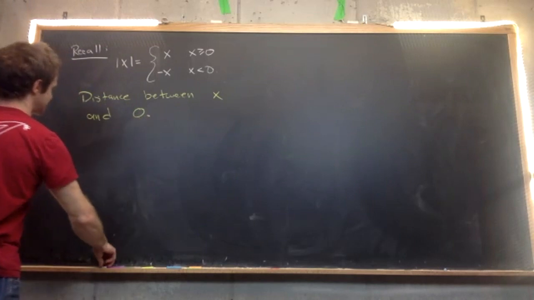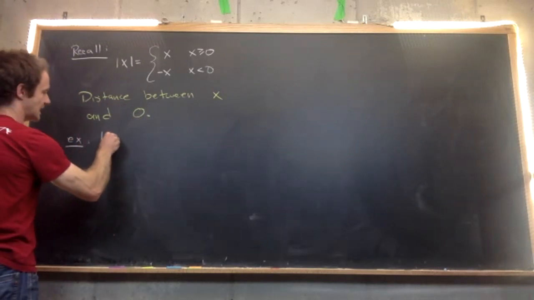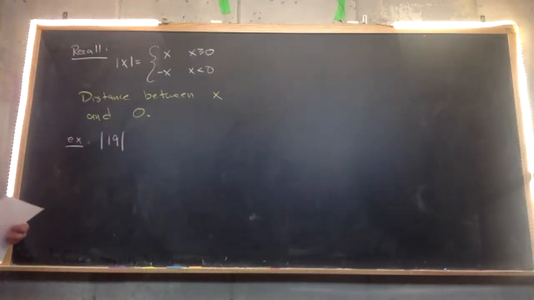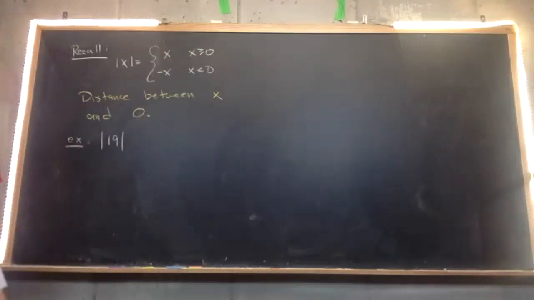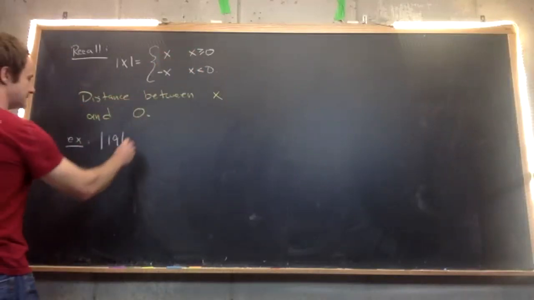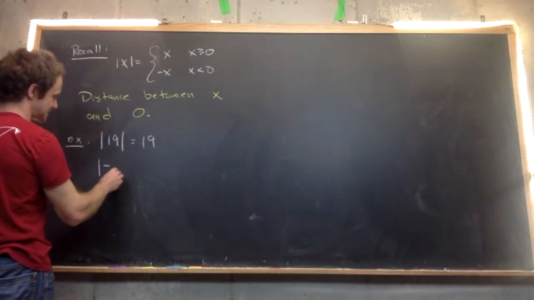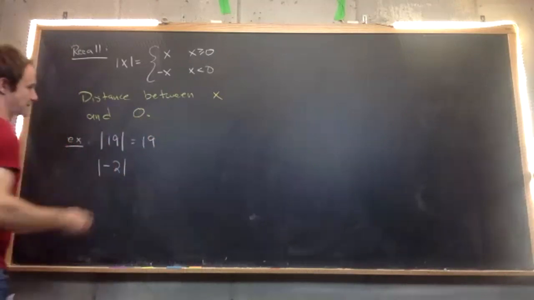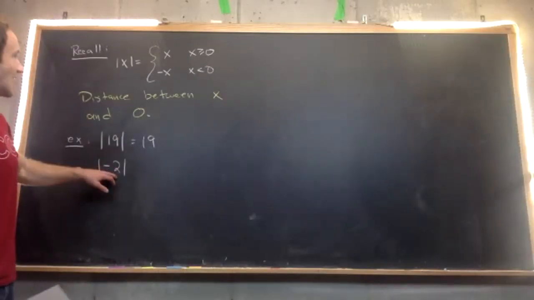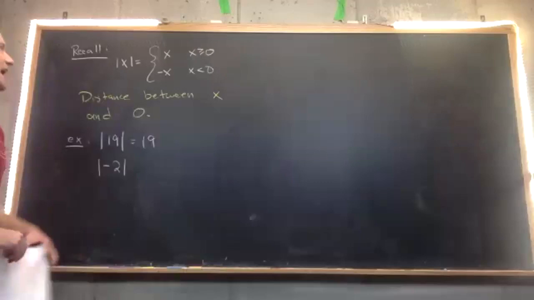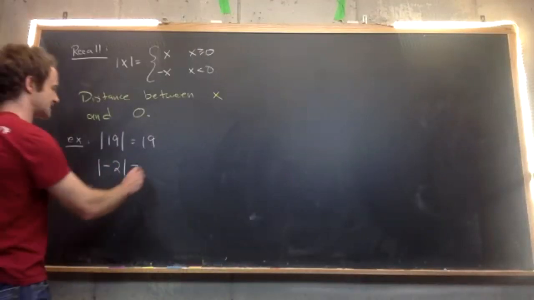For example, if you take the absolute value of 19, you look at 19 and say, oh, 19 is positive, so I just spit back out 19. But if you look at minus 2, you say, well, minus 2 is negative, so I have to output the opposite of this, negative of negative 2, which is going to be positive 2.